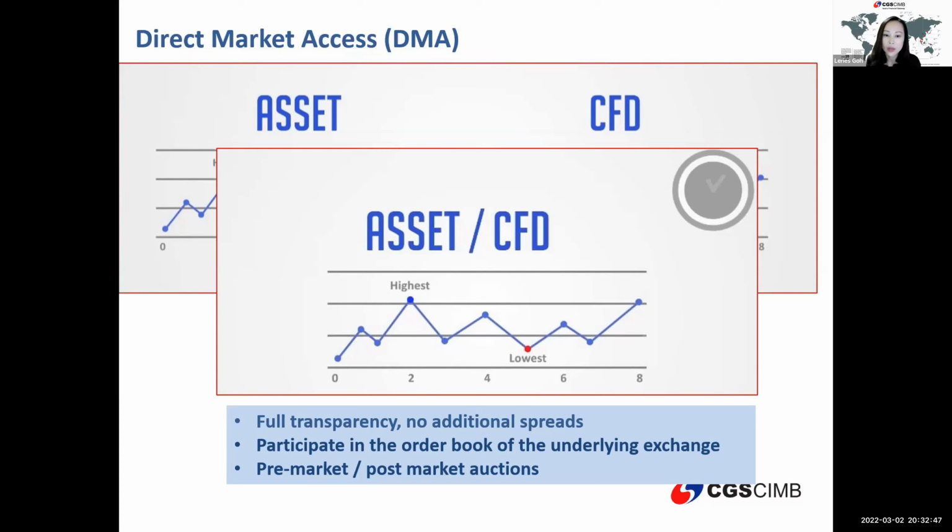Especially in times of volatility, like I mentioned, it has happened again and again, and we have had feedback from clients as well. Even though some market makers may be charging a lower price for certain reasons, eventually clients still switch back to the DMA model because they don't have transparency there.